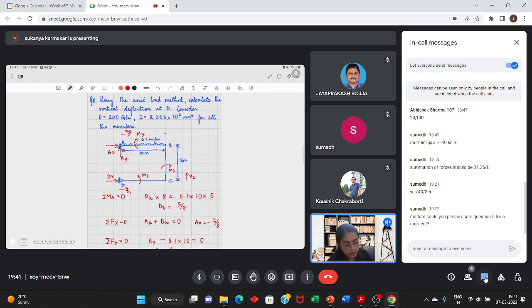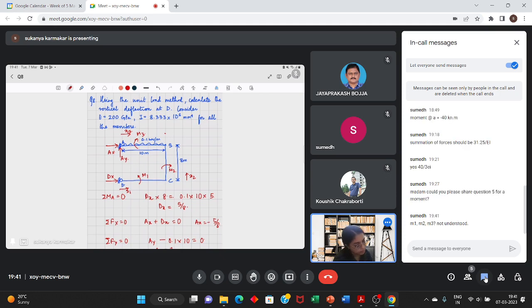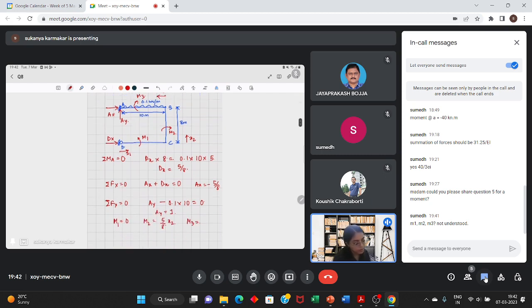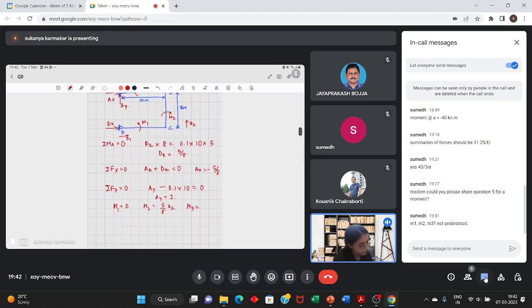Just ay. Ay is 1. I can write it like this. What will be easier? Okay, let's write it from this side. Let's maintain it. M3 will be, how much is dx? 5.